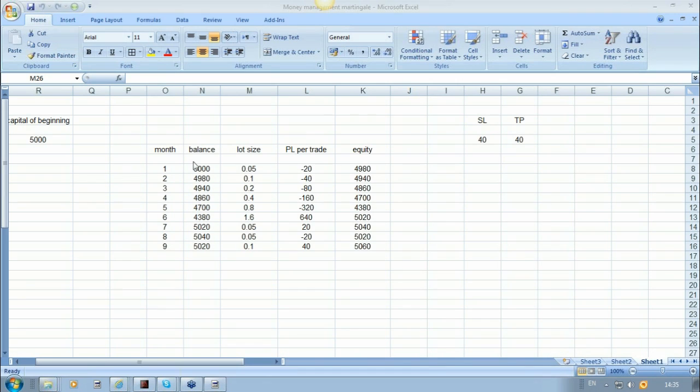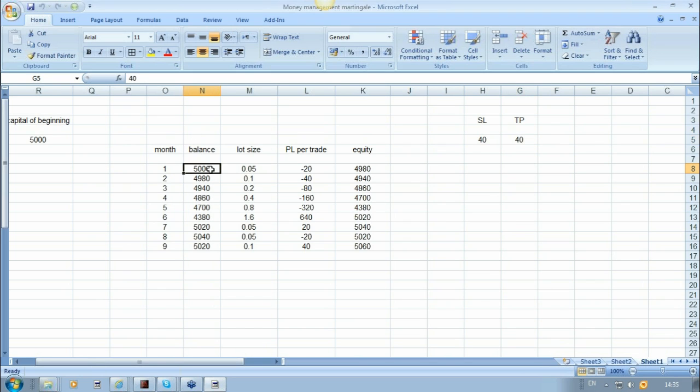Okay, Martingale, what does it mean? That's the capital at the beginning, the balance. I set a strategy. It does not matter what strategy, but it's important that the stop loss is equal to the take profit for calculation. I set, for example, 40-40.